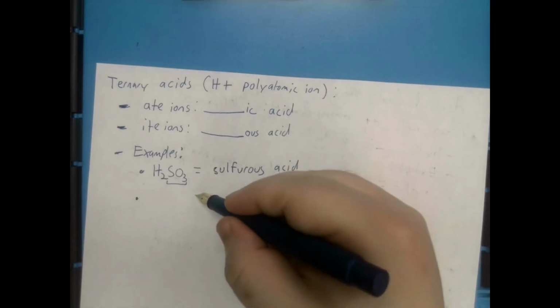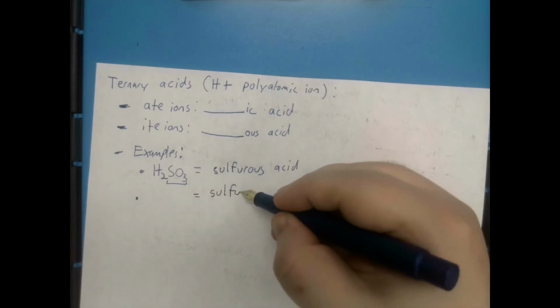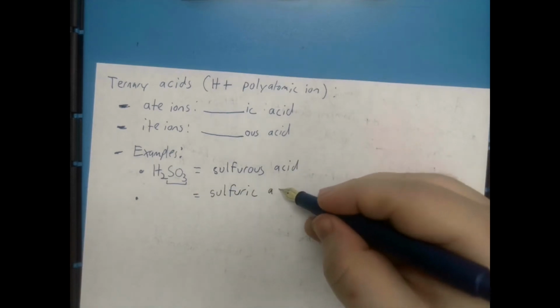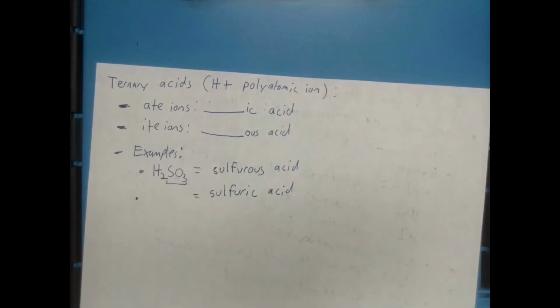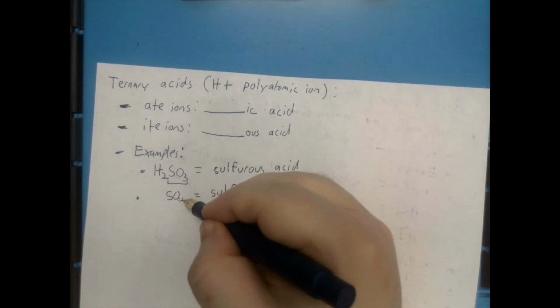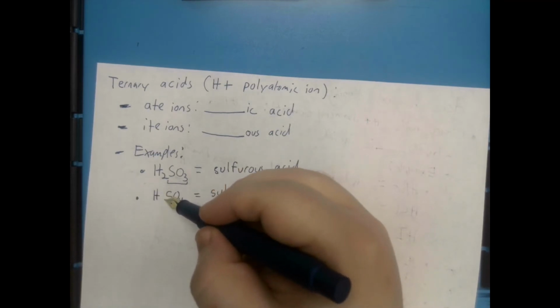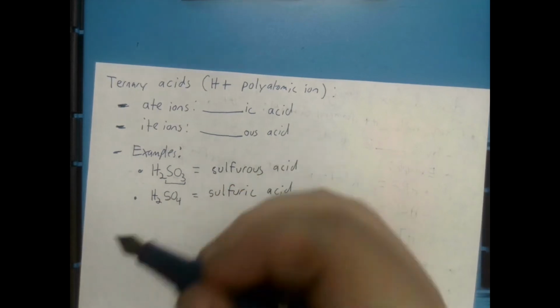So let's do the reverse. What would sulfuric acid's formula be? Maybe SO4. So it would have an SO4, and what would the first part of it be? Just hydrogen? Hydrogen 2.